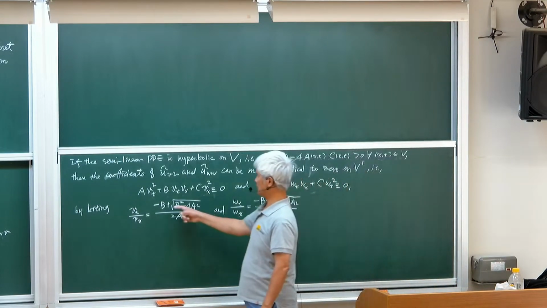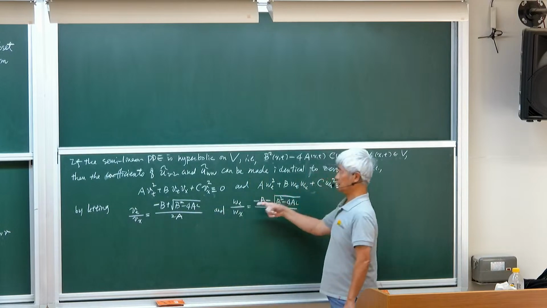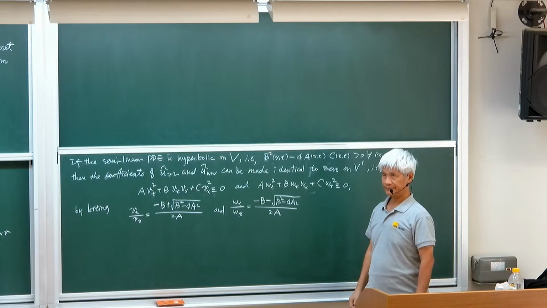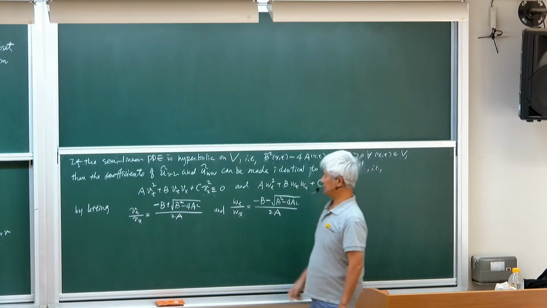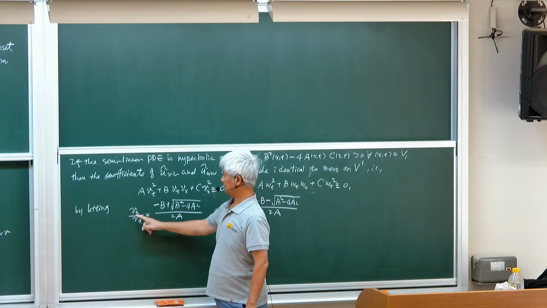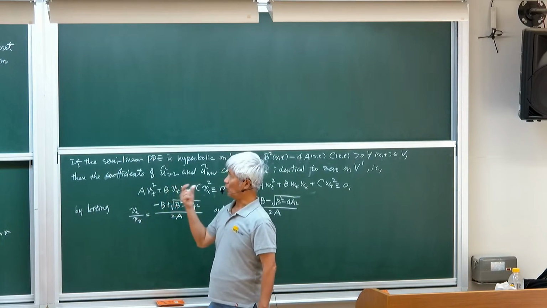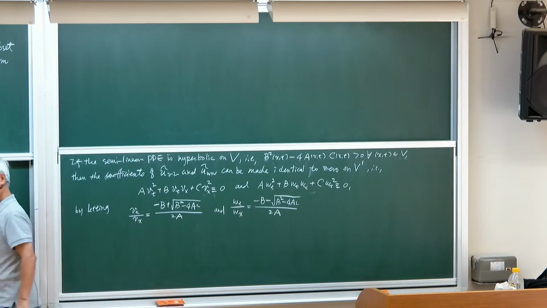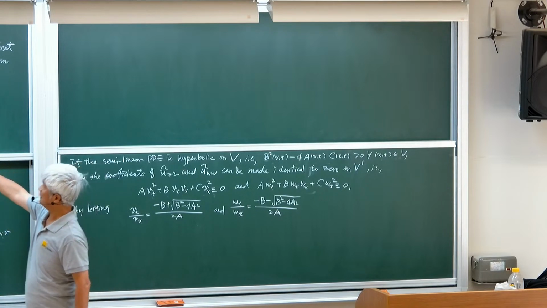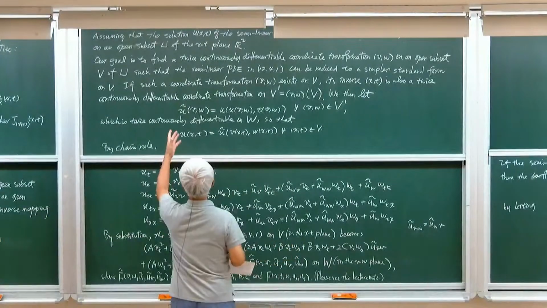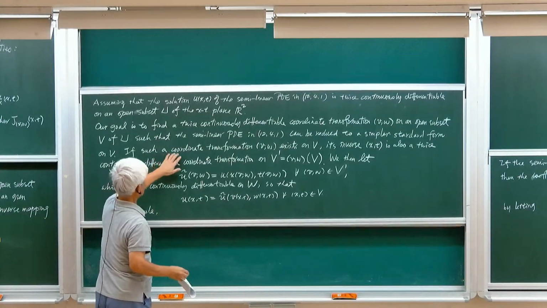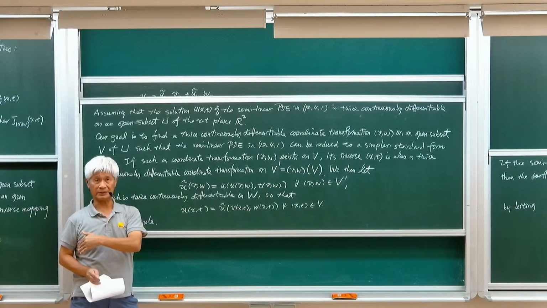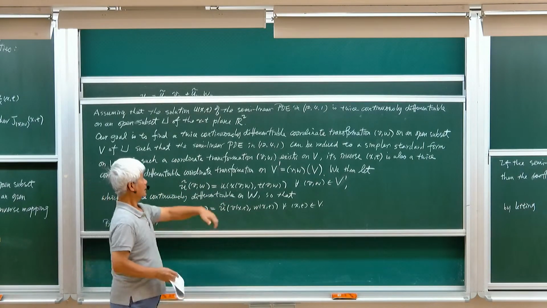Okay, so they are real functions. This is guaranteed by this inequality. Alright, so you see that if we have a coordinate transformation, because these are necessary conditions, as we see, if such a coordinate transformation exists, then we have these necessary conditions.